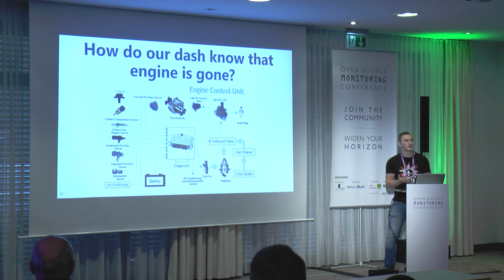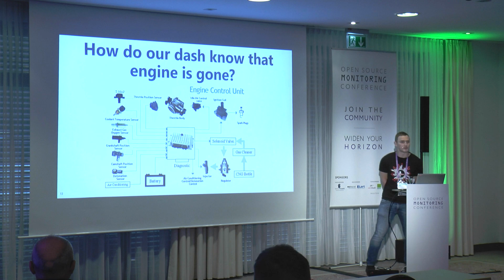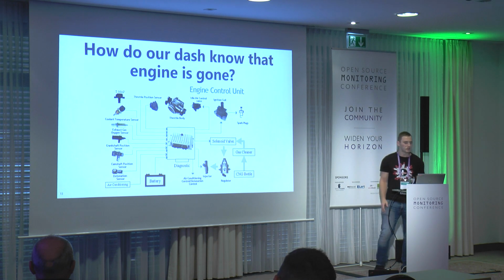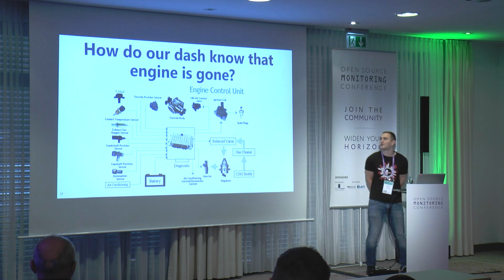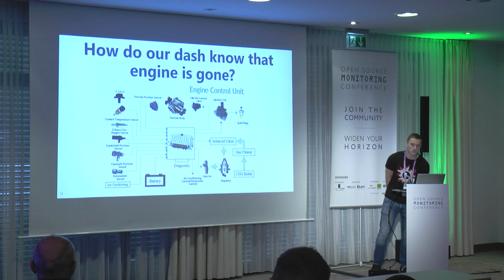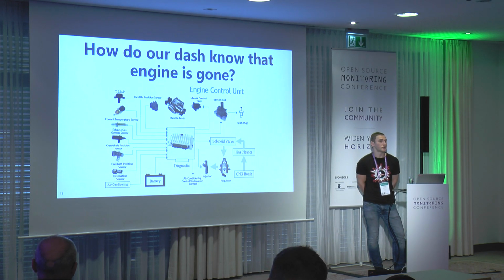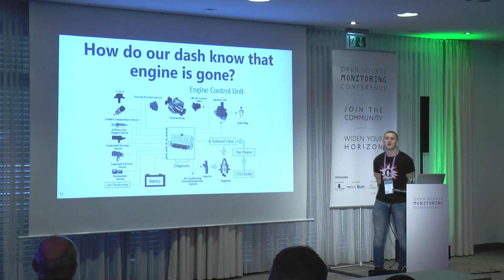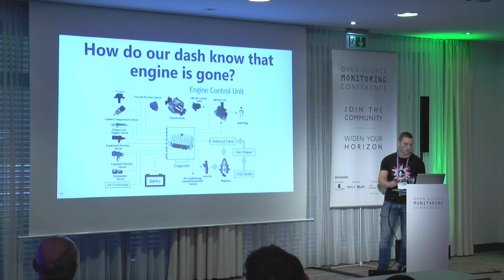What could be the example? Timing advance, or an easier one, temperature. Temperature should be in the range of A and B, and if the temperature is outside of this range, it will produce a new light in our dash. Sometimes it happens because the temperature is actually outside of the range. Sometimes the sensor just breaks and we receive some meaningless data, like minus 999.